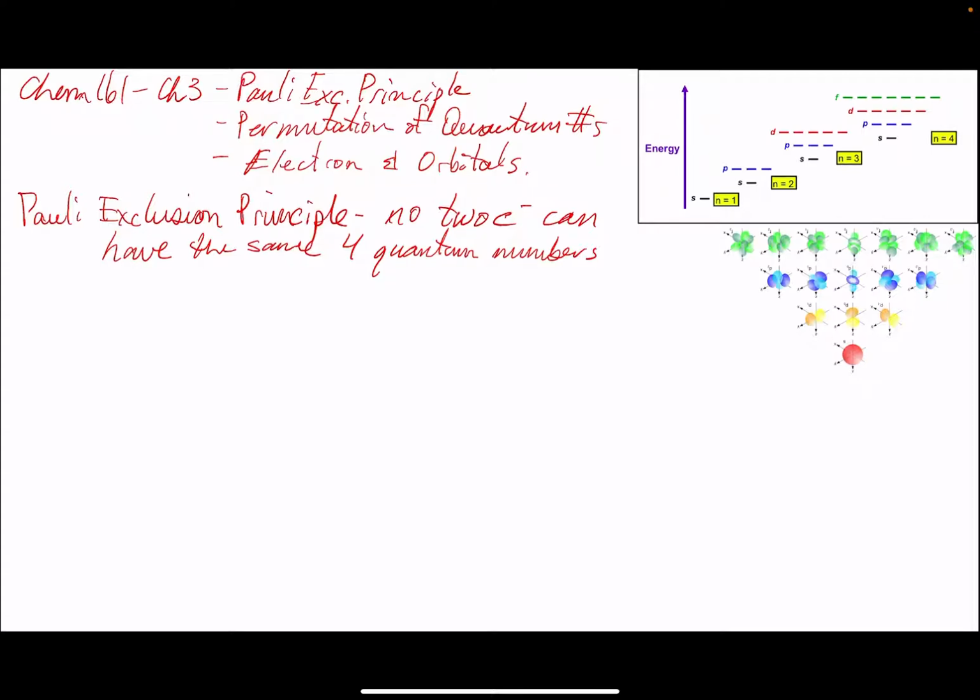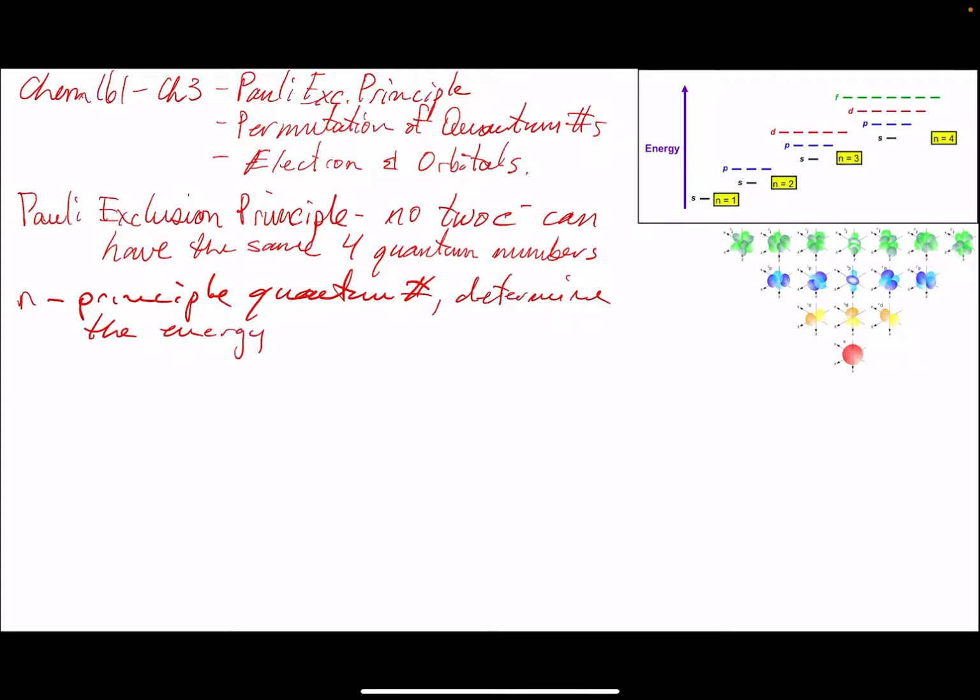We saw that our principal quantum number, n, was what is used to determine the energy level of any subsequent orbitals.